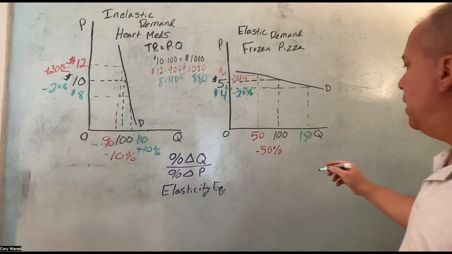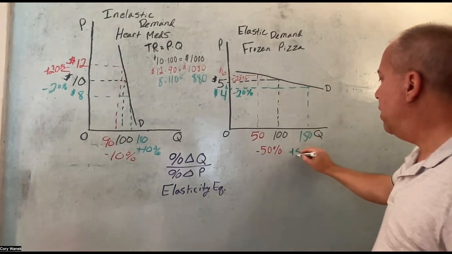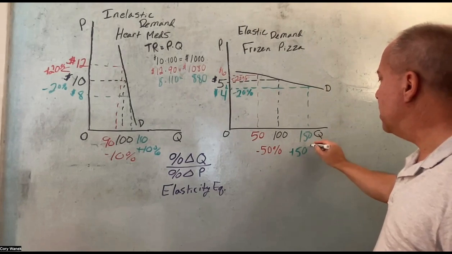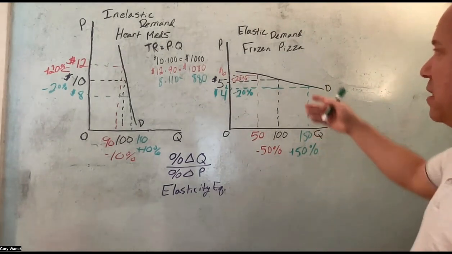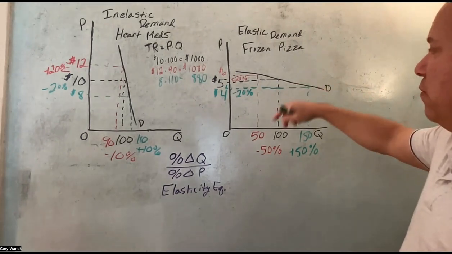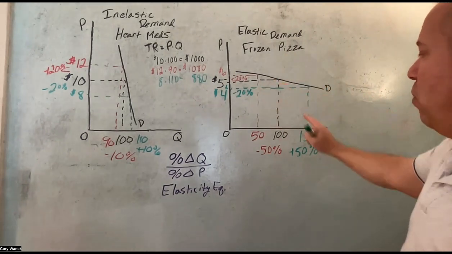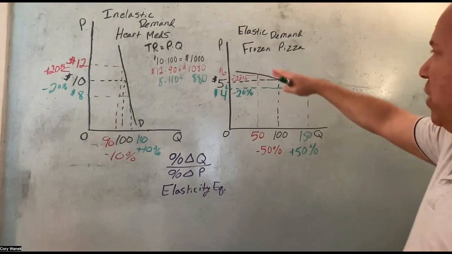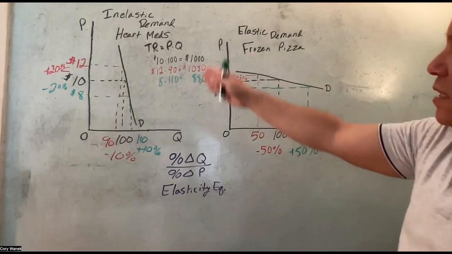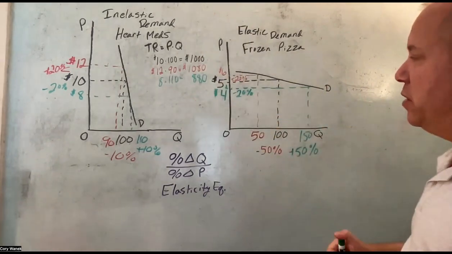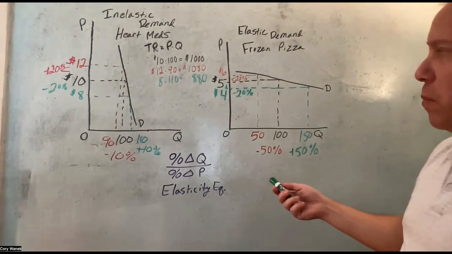Yet we gain 50% in sales. So again, this is why it's elastic. For any percentage change in price, the quantity change is greater. Notice for elastic demand, the demand curve is very horizontal, and for inelastic, it's very vertical. So why does this happen?